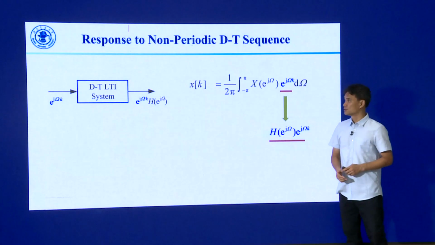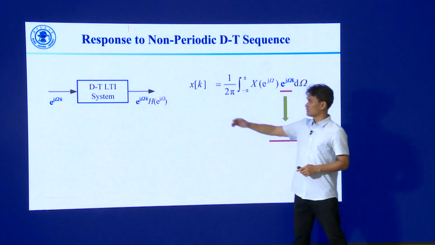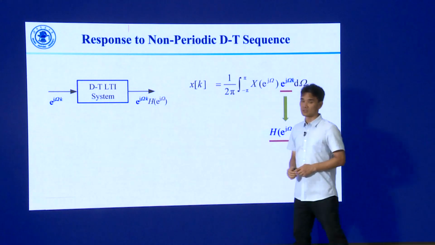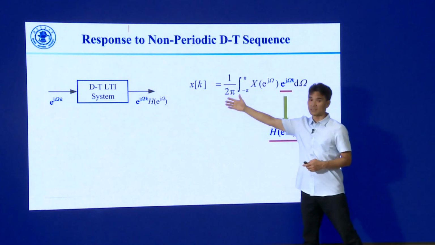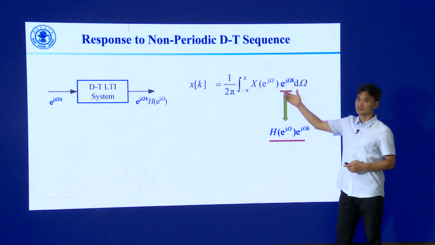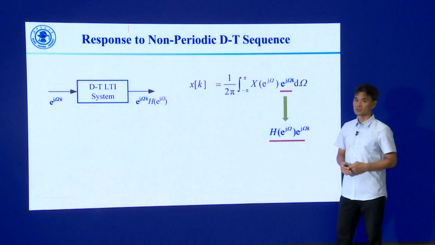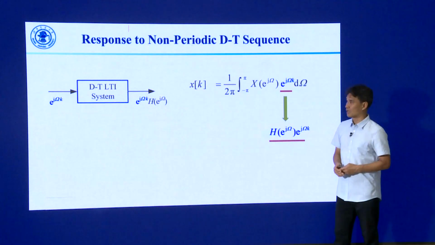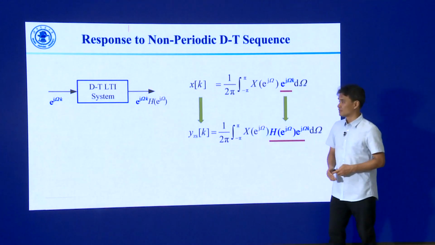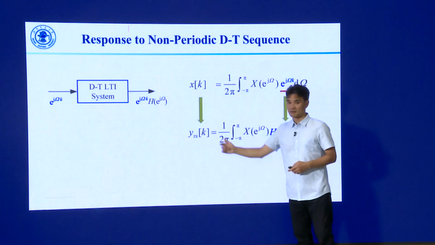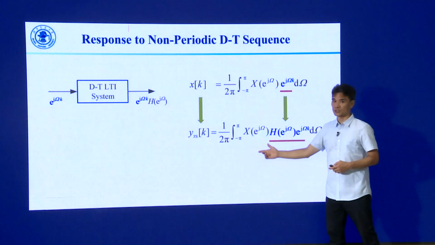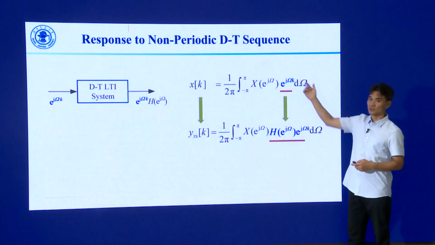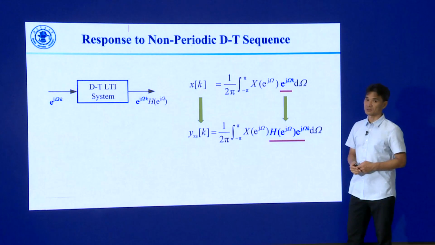We know that for a discrete time non-periodic signal, we can represent that signal by a linear combination of imaginary exponential signals. Due to the linearity of the LTI system, the response of the system will be equal to the same linear combination of the responses to the imaginary exponential signals.